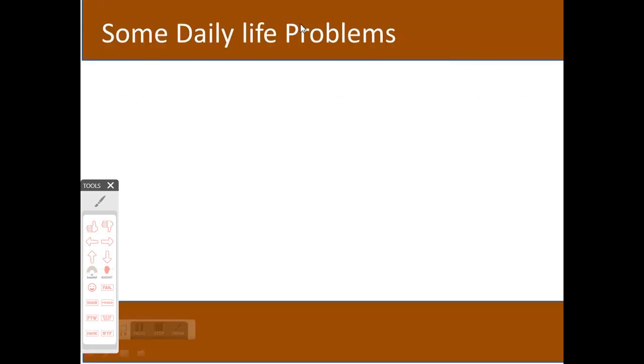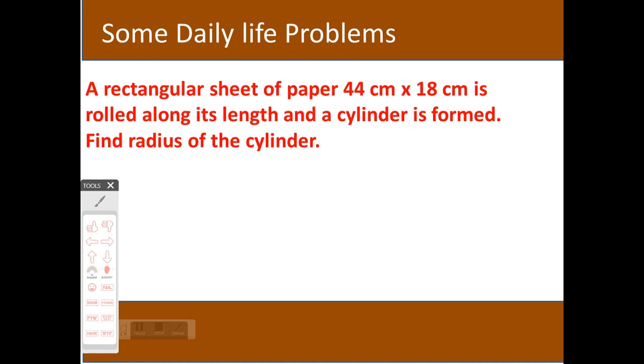So now we will take some daily life problems. A rectangular sheet of paper 44 cm and 18 cm is rolled along its length and a cylinder is formed. Find the radius of the cylinder. Here the length of the rectangular sheet L is equal to 44 cm.